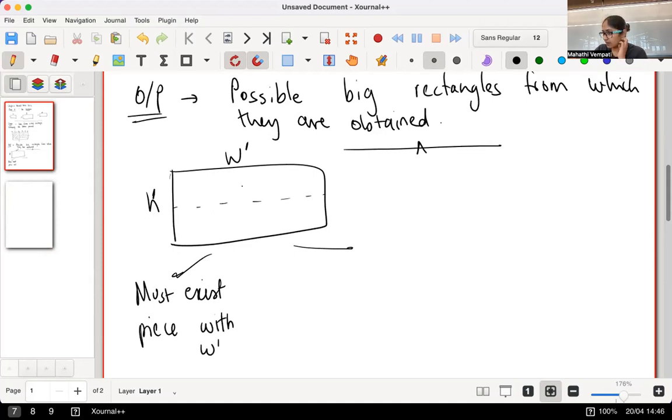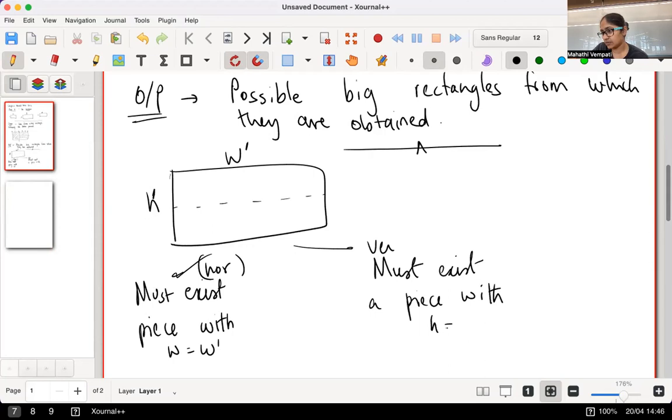If they picked the vertical direction, there must exist a piece with H equals H prime, right? So that's the first idea.